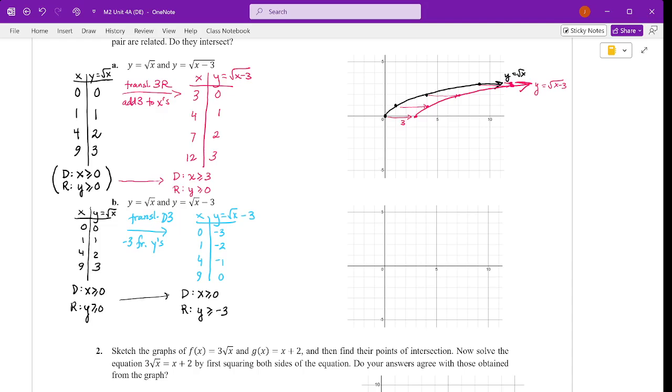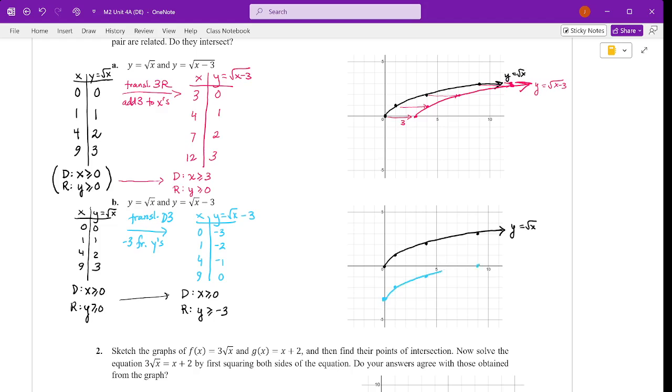And if we plot these points, here are the originals, 0, 0, 1, 1, 4, 2, 9, 3. That's the same as the black one in part A. And then the blue one, the one with the minus 3 at the end, is going to be 0, negative 3, 1, negative 2, 4, negative 1, and 9, 0.